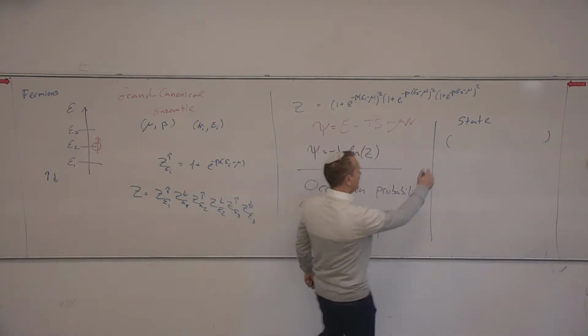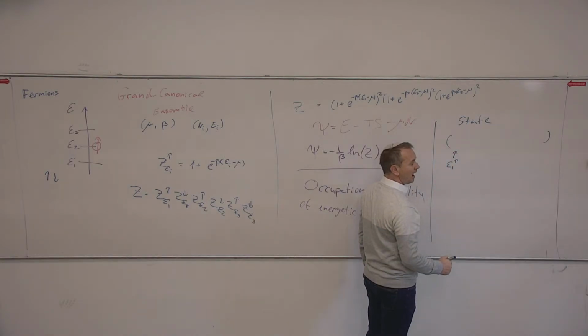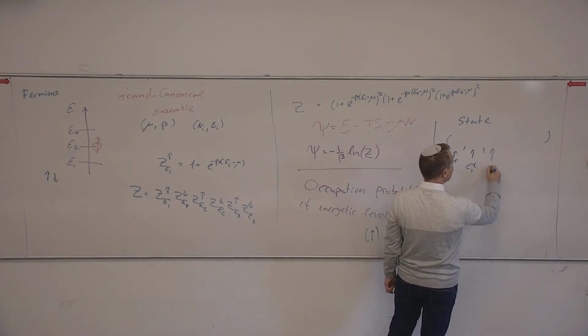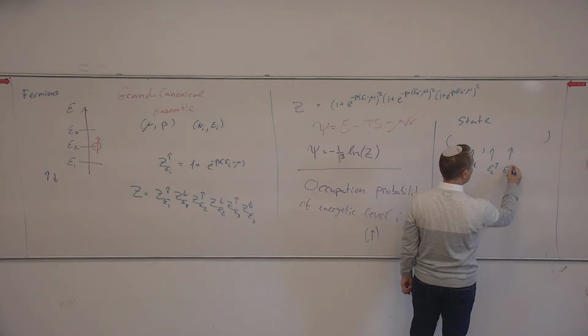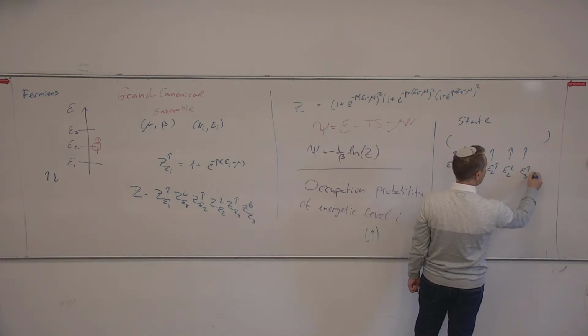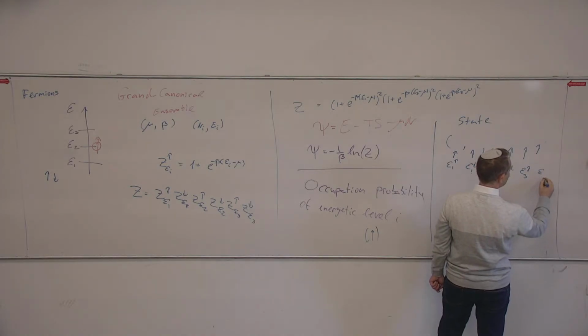This is epsilon 1 with up. This entry is epsilon 1 with down. This entry is epsilon 2 with up. This entry is epsilon 2 with down. This entry is epsilon 3 with up. And this entry is epsilon 3 with down.